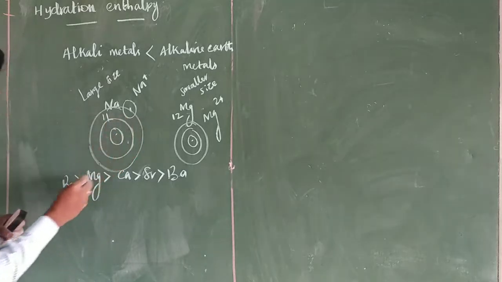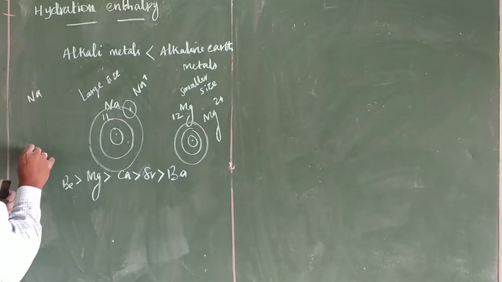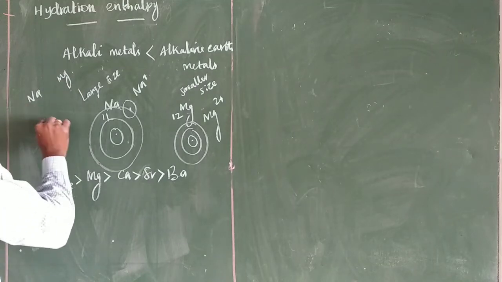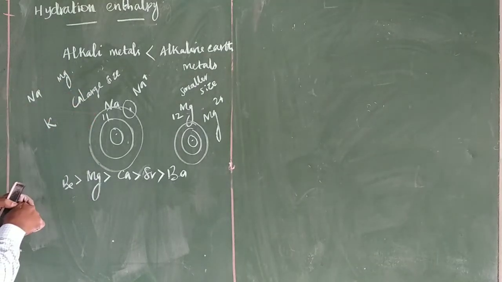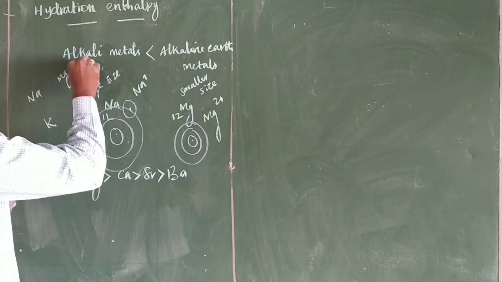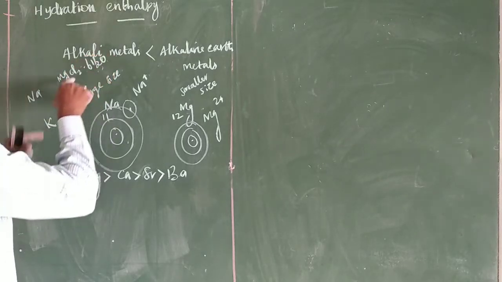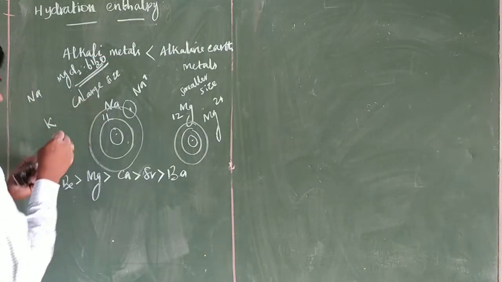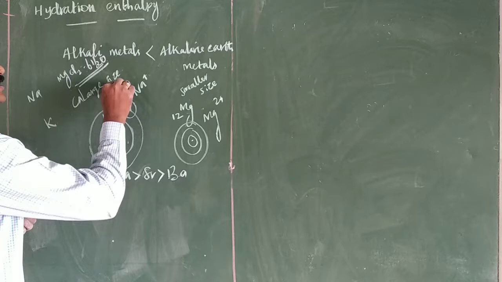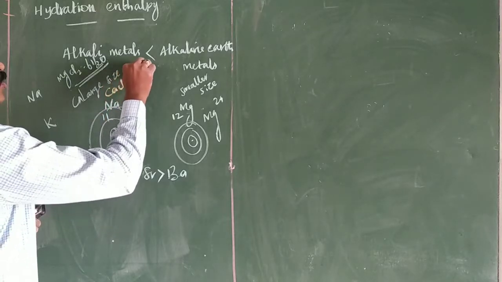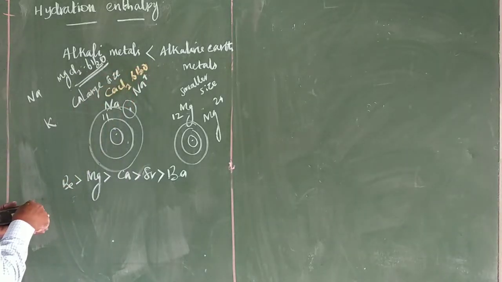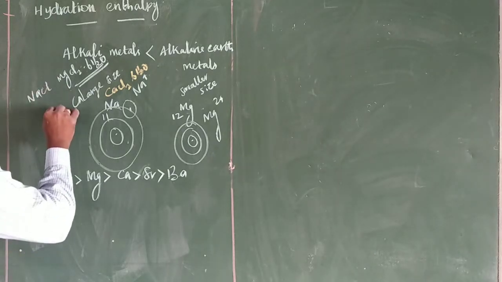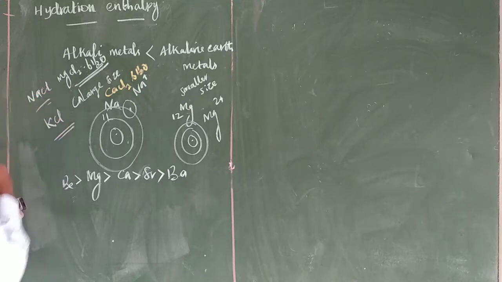We can see this in sodium, magnesium, potassium and calcium. The salts of magnesium chloride exist as magnesium chloride hexahydrate, MgCl2·6H2O, and calcium chloride exists as calcium chloride hexahydrate, CaCl2·6H2O, but sodium chloride and potassium chloride do not exist as hexahydrates.